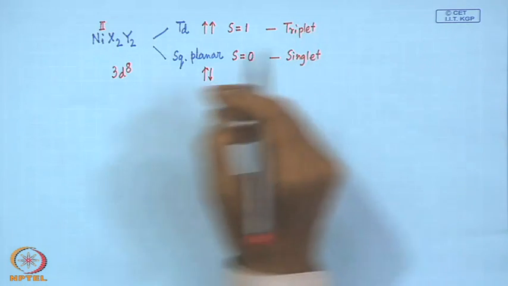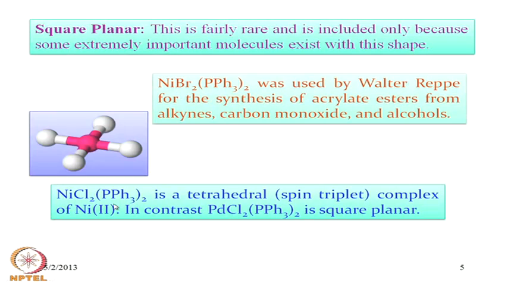So, in terms of this singlet and triplet definition, wherever we get a compound which is of 3d8 electronic configuration and tetrahedral, that means we have 2 unpaired electrons, it is giving rise to the corresponding spin triplet structure of nickel 2. But when we get the corresponding palladium 2 compound having the same number of chloride ligands and phosphine ligands, we get a square planar geometry, that means the geometry is spin singlet.